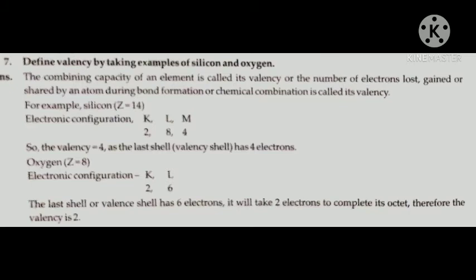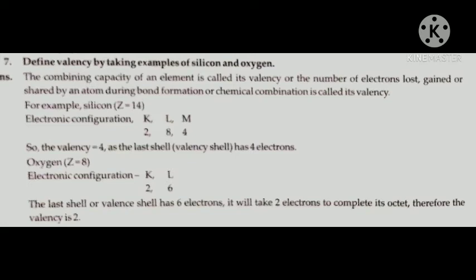For example, silicon, Z equal to 14, atomic number equal to 14. Electronic configuration 2, 8 and 4 in K, L and M shells respectively. So, the valency equal to 4 as the last shell, valence shell, has 4 electrons.